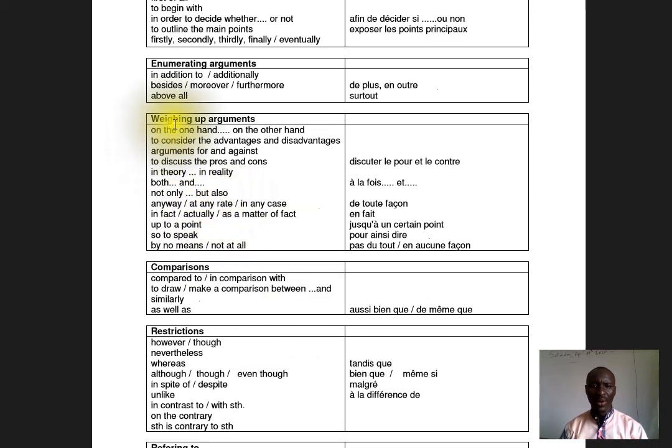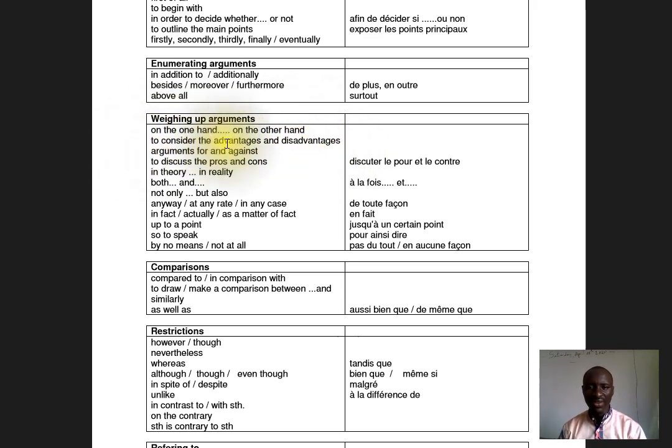Weighing up: if you want to weigh up arguments, some arguments, you and your friends or you are debating on some topic, you can say on the one hand this, and on the other hand this.